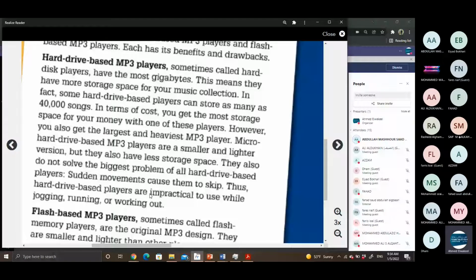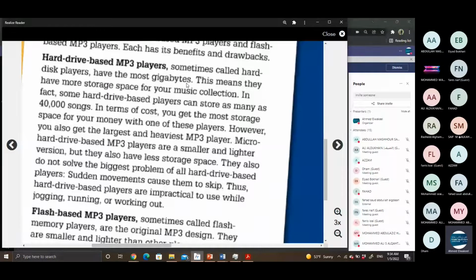Nice, bravo, Abdullah. So to speak about the first type of the MP3 players, we're speaking about the hard drive-based MP3 player. Sometimes we call it hard disk players. Those hard disk players have the most gigabytes, the space for storage. This means they have storage space for your music collection.